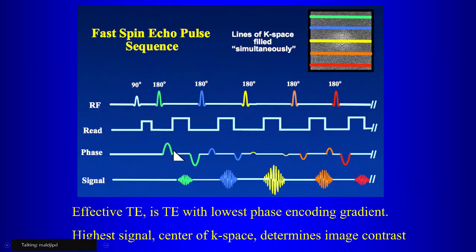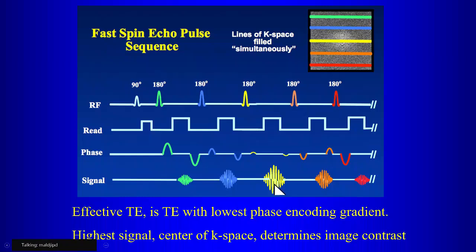If I wanted this echo here to be my effective TE, I would make sure that the phase encoding gradient before that was set to 0. The lowest phase encoding gradient is going to give you the highest signal. The highest signal you'll get overall will be the one with the 0 phase encoding gradient. That's how you determine the effective TE.